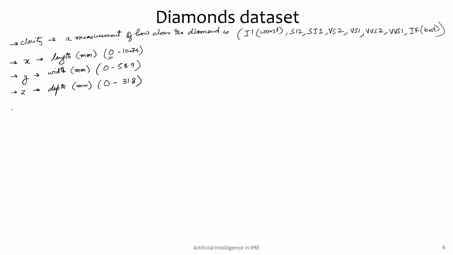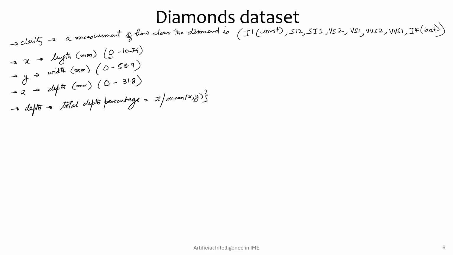Now another feature with the name depth is also given to you in the data set, which is the total depth percentage. So this gets calculated using this formula, that is Z divided by mean of x comma y.